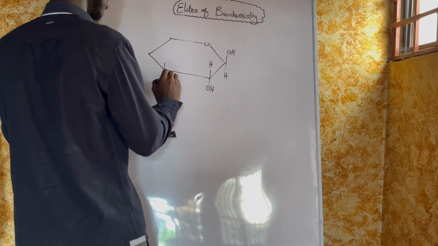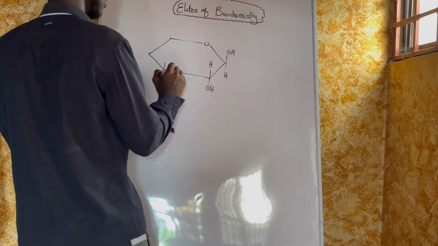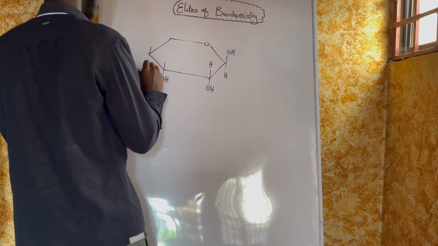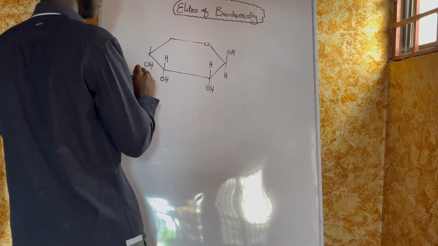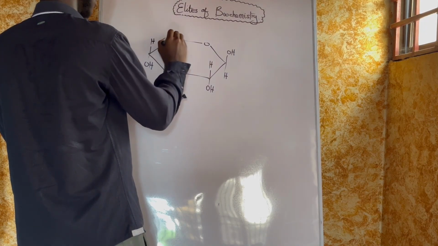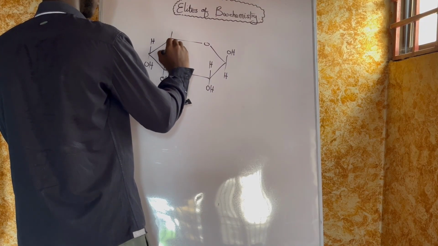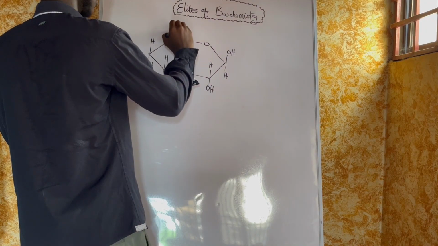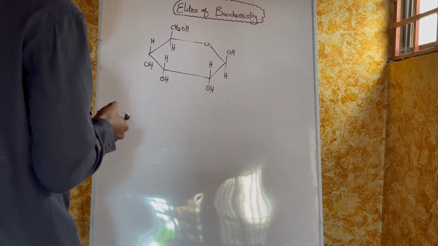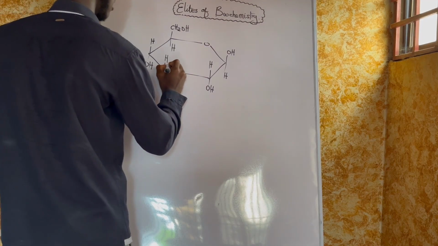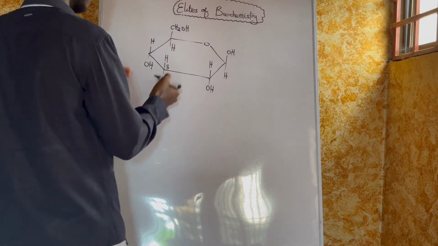Okay, so now let me introduce the new epimer that I was talking about here. On this side you are going to have our OH as well, and hydrogen. Let me say this one is a D sugar, so CH2OH. This one looks almost like glucose, just at carbon 3. At this particular carbon, we have changed the configuration.